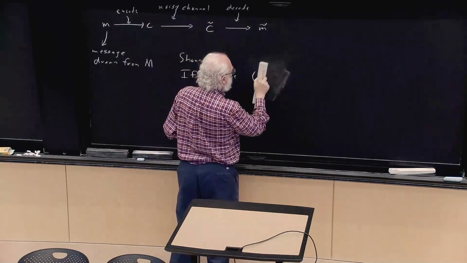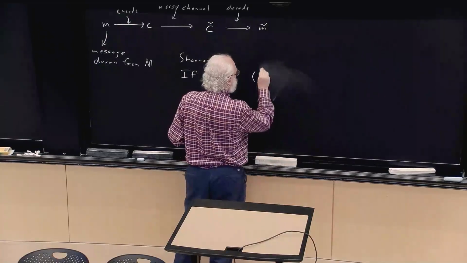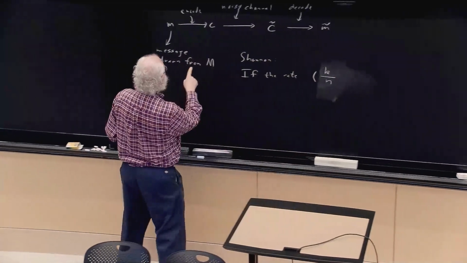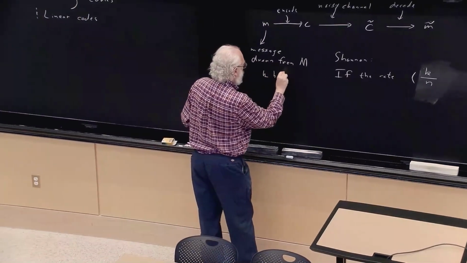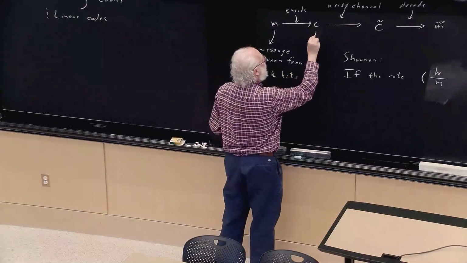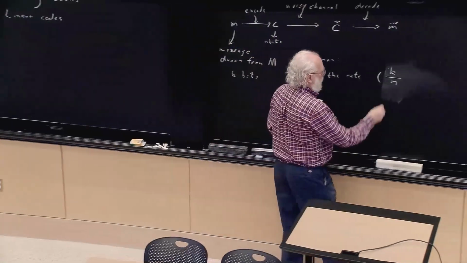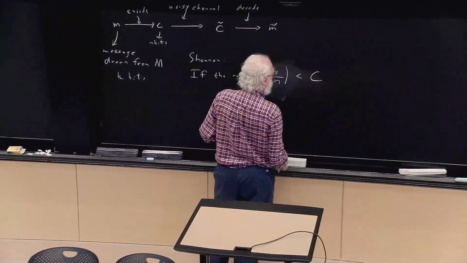It's k over n, right? K over n. So these messages are k bits, and this code is n bits, is less than the channel capacity.